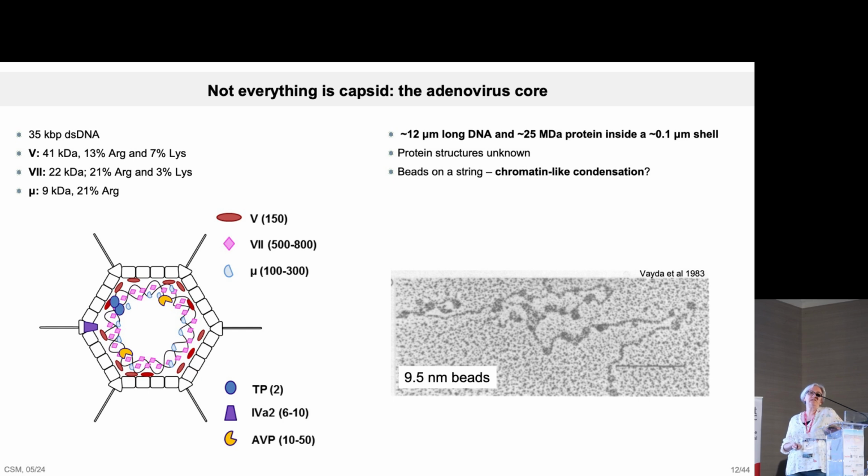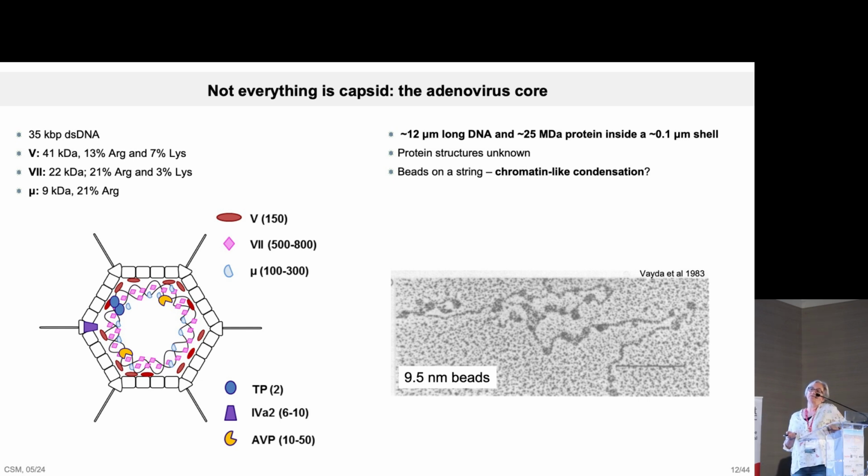Now, how is this genome and these proteins organized inside the adenovirus particle? We don't know. We know that there is a 12 micron long DNA molecule together with 25 megadaltons of protein inside a 100 nanometer diameter shell. So how is this organized?